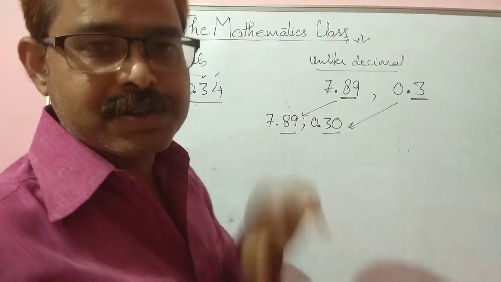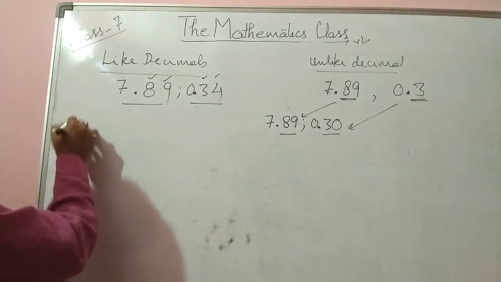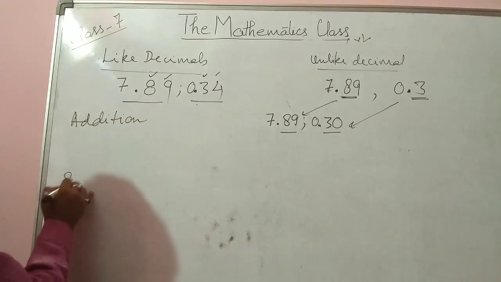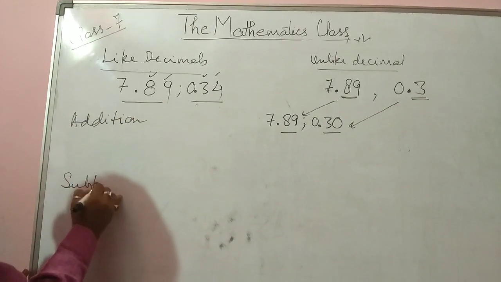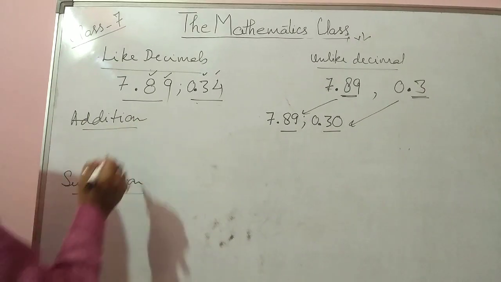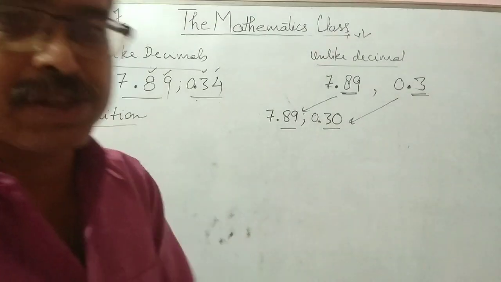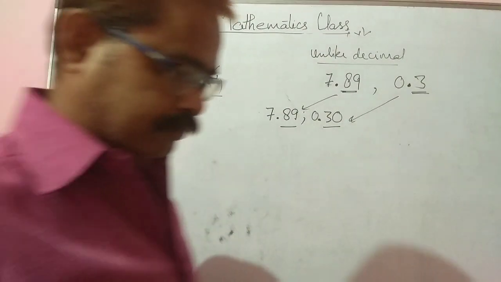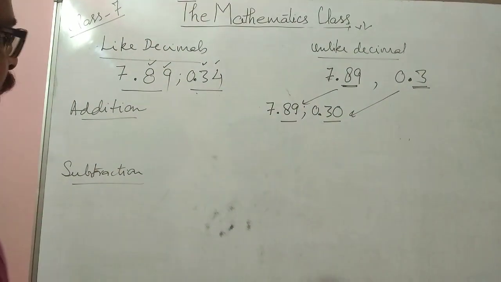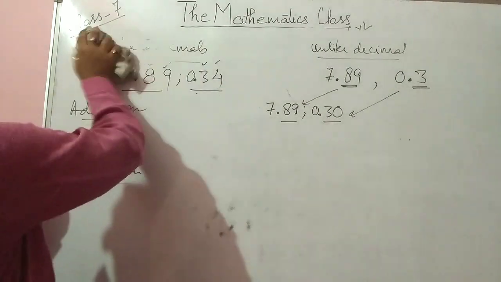The next topic we will be considering is addition and subtraction of decimals. Whenever we are going to add any two given decimals, one thing is supposed to be kept in mind, let's take an example and then we'll explain.